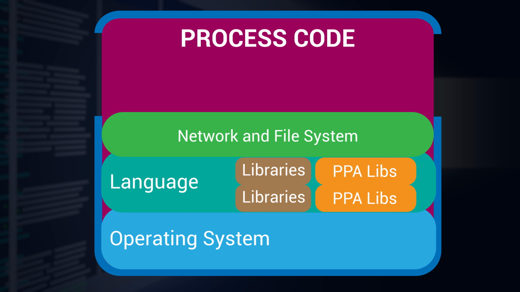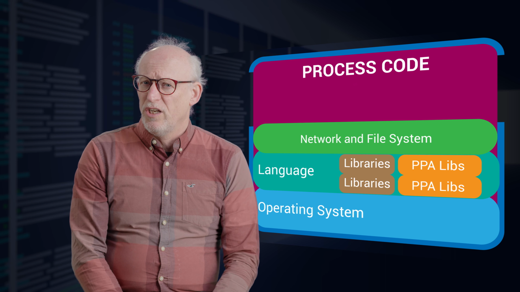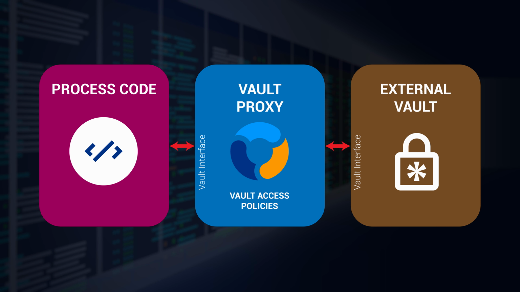Then also going into that container, there are 3 or 4 important subsystems that come in from PPA. The first of which is the virtual vault system, or the proxy vault system. This is a block that looks like a vault. Your process code talks to that vault and gets the credentials.